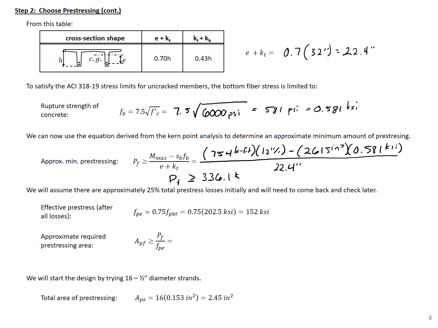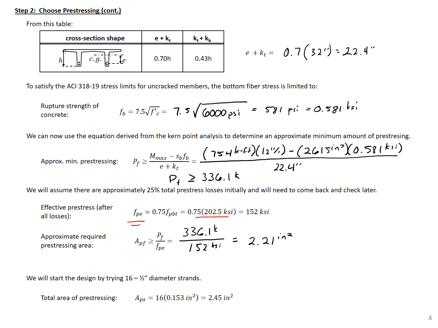Based on this, we can estimate our effective prestressing force, or effective prestressing stress after all of our losses. We're going to just assume 25% losses initially. Then our approximate required area is equal to 336.1 divided by 152 ksi, which will give us an approximate area of 2.21 square inches.